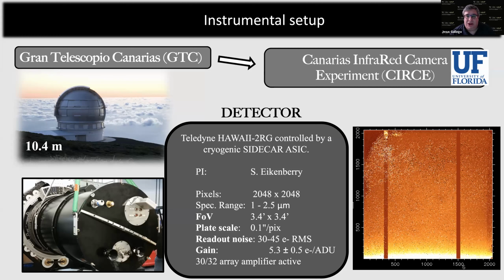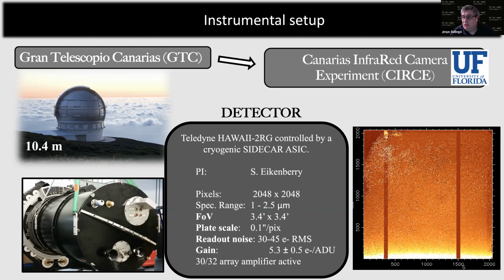It's based on a Hawaii 2RG near-infrared detector, covers the J, H, and K classical near-infrared bands, and it covers a field of view of 3.5 times 3.5 arc minutes. You can see the camera at the bottom left, and one of the raw images obtained with the camera at the bottom right.